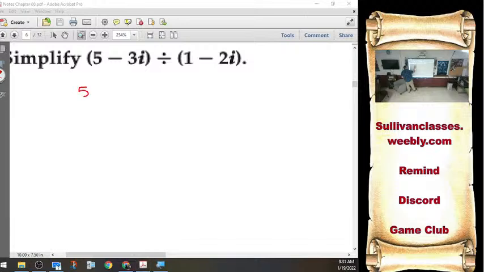If I have 5 minus 3i over 1 minus 2i, well, no radicals downstairs. There's a lot of kids who are going to see this and they're going to be like, all right, I got this. Bam. Going away.